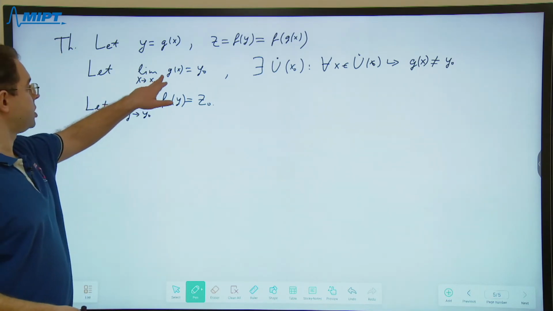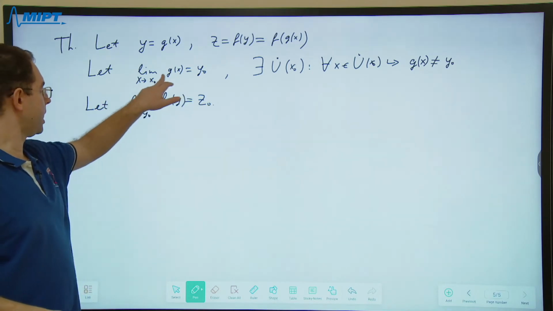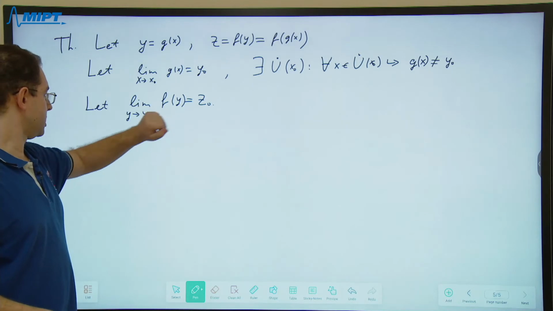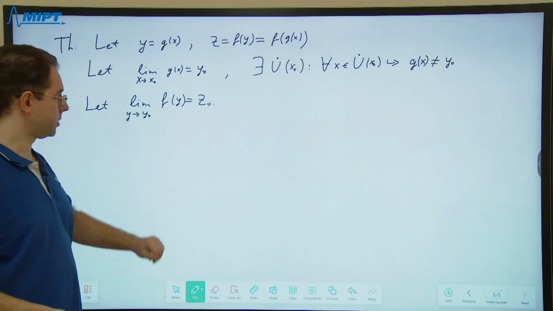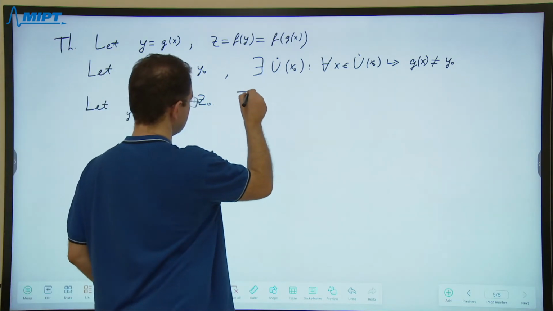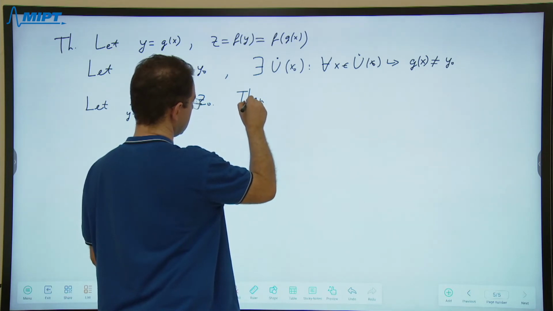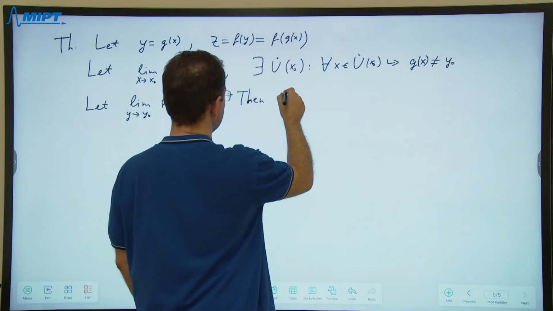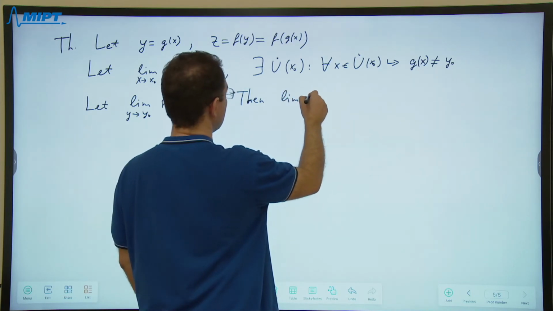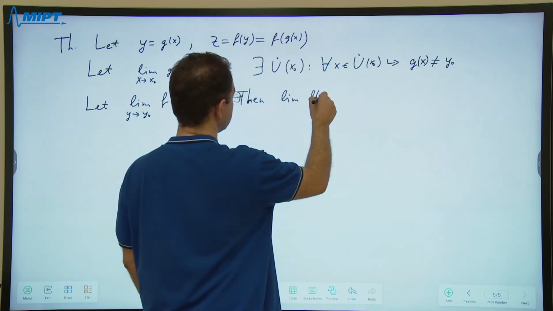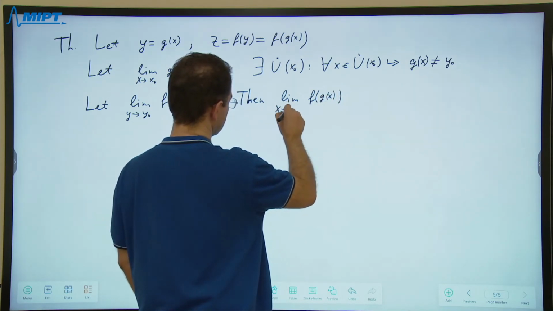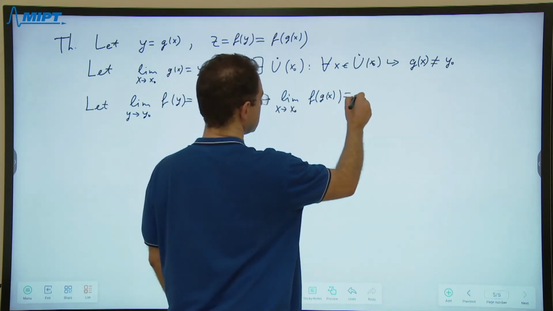So g tends to y0 as x tends to x0. f tends to z0 as y tends to y0, then there is a limit of f of g of x as x tends to x0, and this limit equals z0.